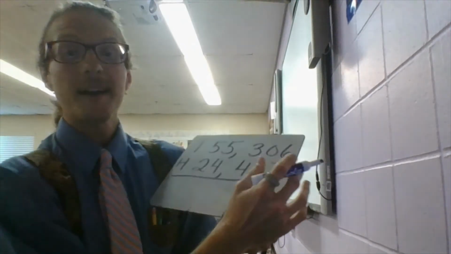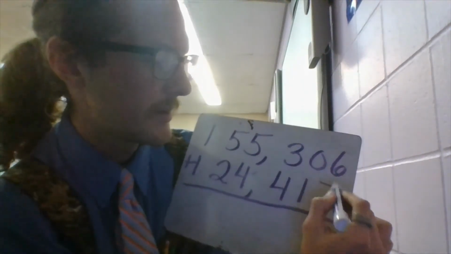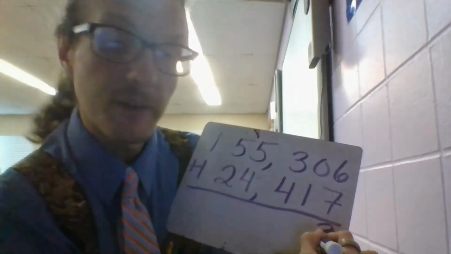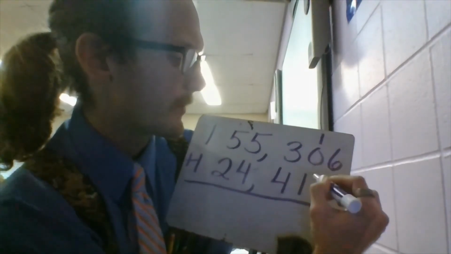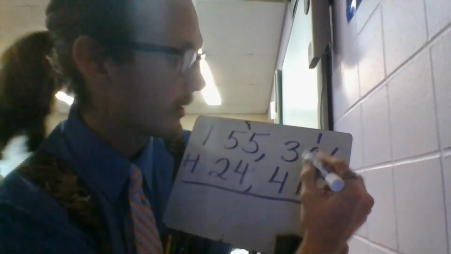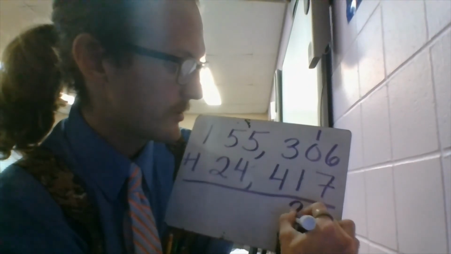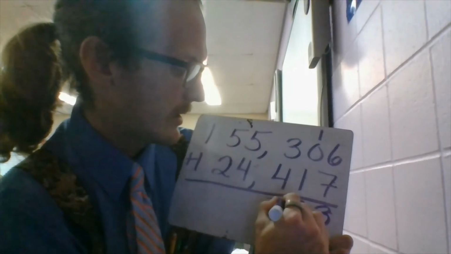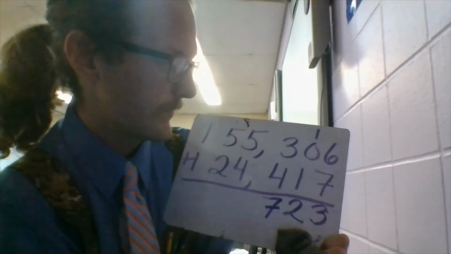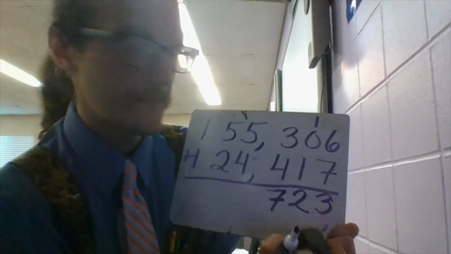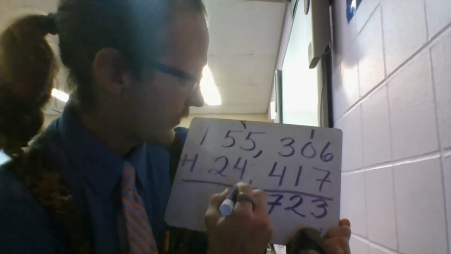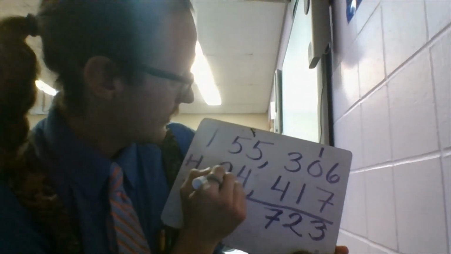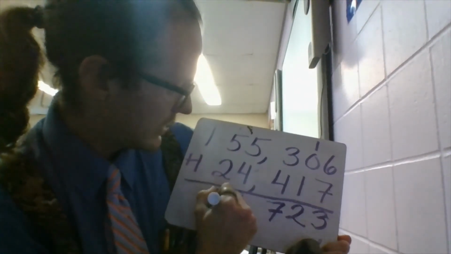Starting in the ones place. Why? Because that's what you do. 6 plus 7 is 13. Put the 3 down here. 1 up here. 0 plus 1 is 1. Plus 1 is 2. 4 plus 3 is 7. 5 plus 4 is 9. 5 plus 2 is 7.